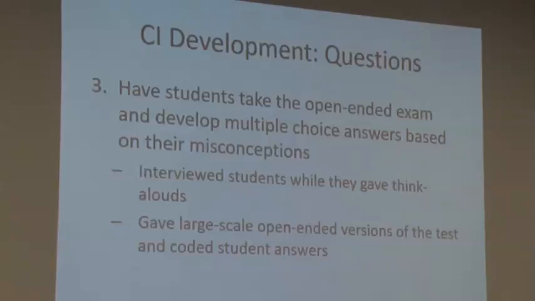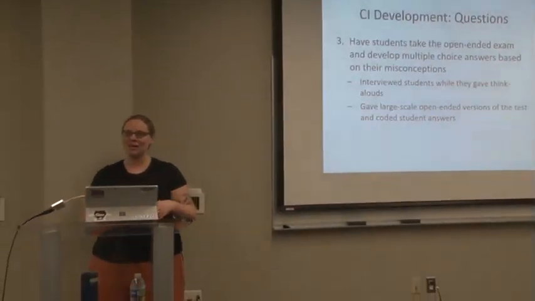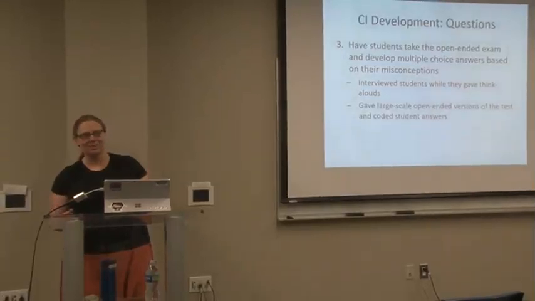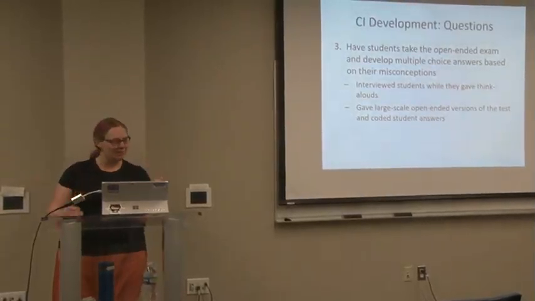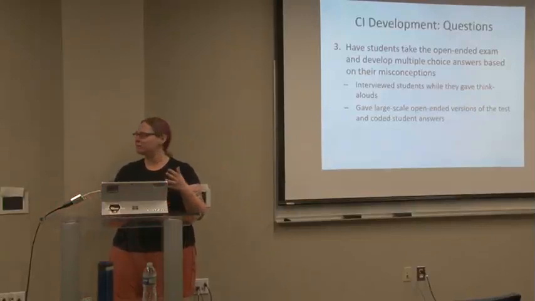The other thing we did is we gave large-scale open-ended versions of our test questions and we coded the answers. We bugged our friends who teach CS2 and said, hey, do you want us to give a practice exam for you? Do you want us to take over your lab session and give your students some test prep? We gave a couple of these in different classes.